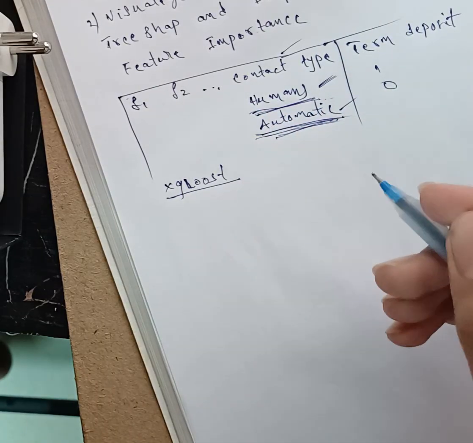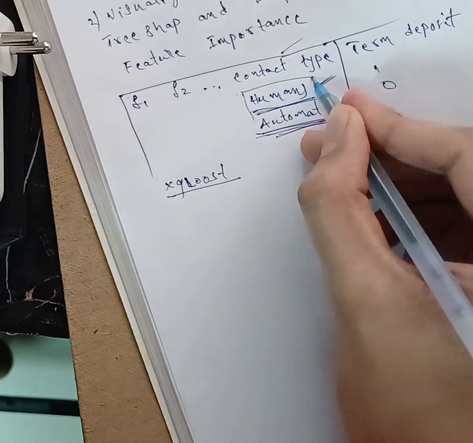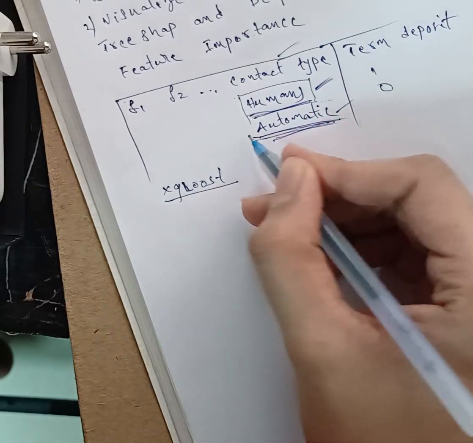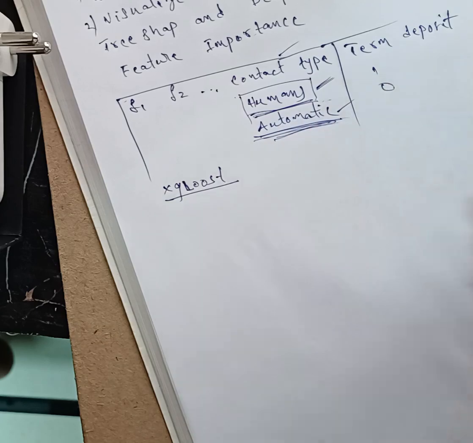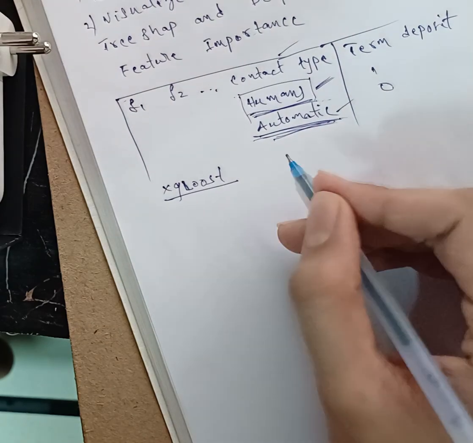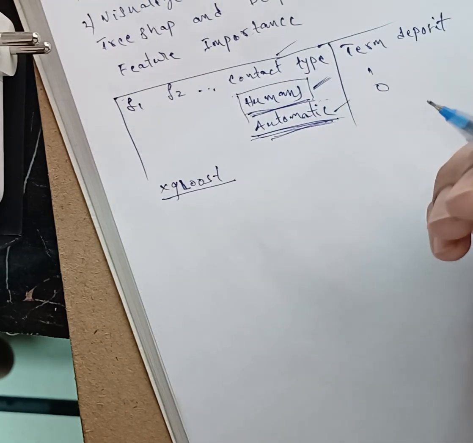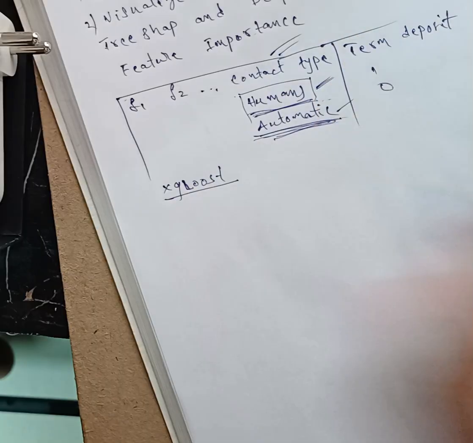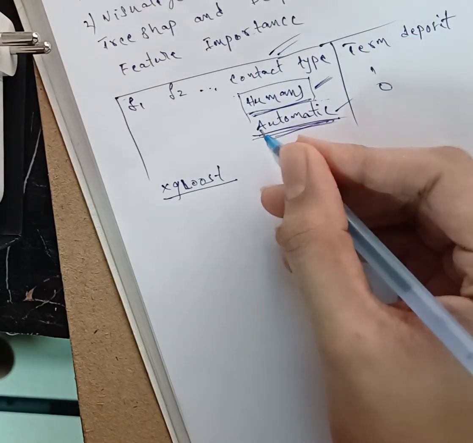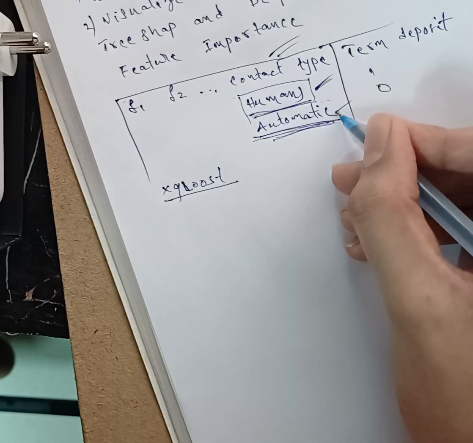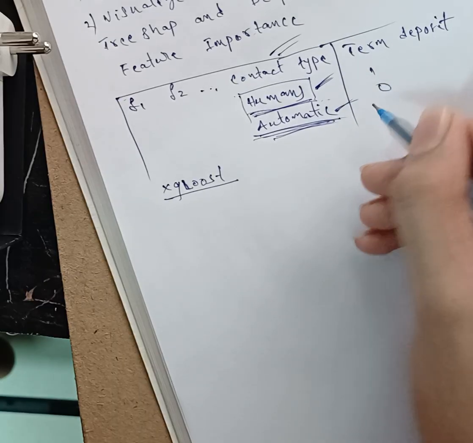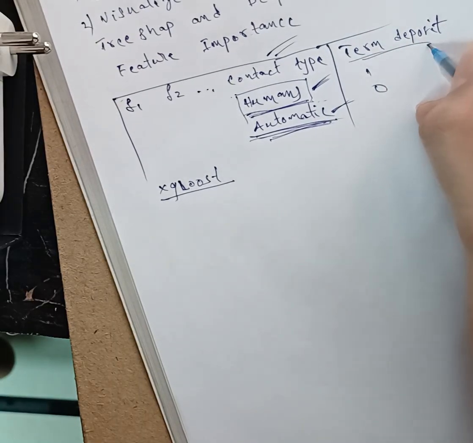If you could somehow figure this out from the model that we built, then we can spend more money on humans instead of automating everything. We can just hire a few people. Or if you get to know that this feature is not at all important, that means whether you hire humans or send automatic calls, it doesn't even affect the term deposit.